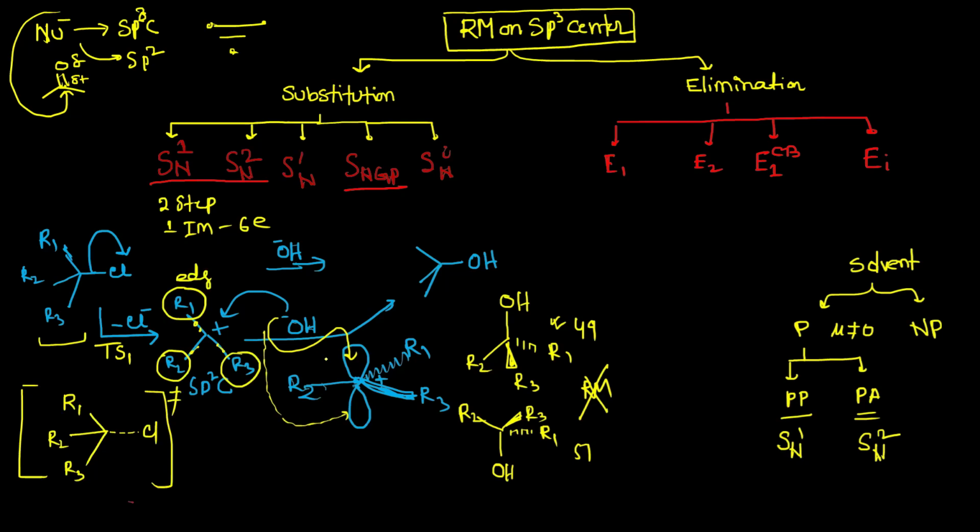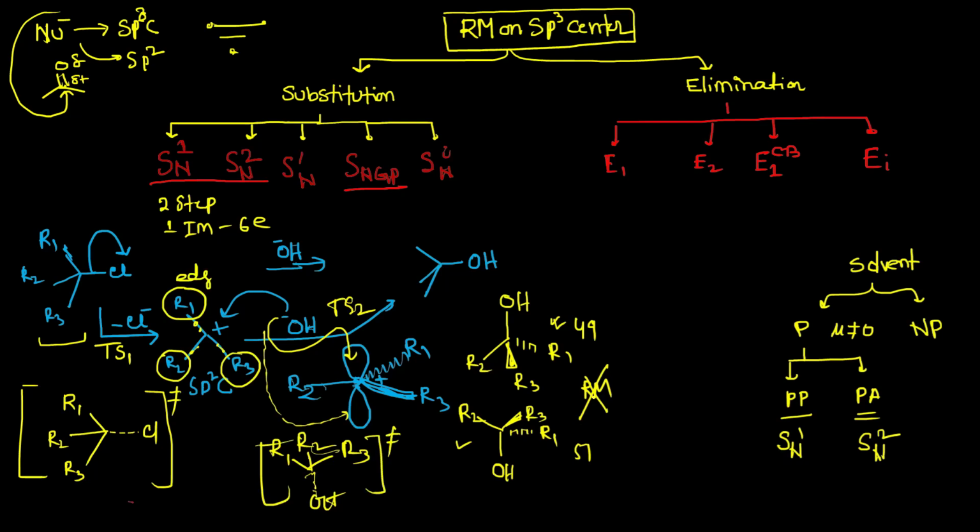Okay, and from here also, we will get transition state 2, and transition state 2 will look like this: R1, sorry, like this. If for this molecule the transition state I am drawing is R1, R2, R3, OH, then this will be our second transition state.